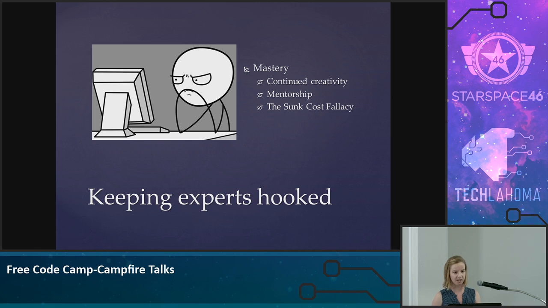And then the sunk cost fallacy, that's kind of a devious way to motivate people, but it can be effective. The sunk cost fallacy applies, like if you're in a job for a very long time, you've invested a long time, you've put in a lot of effort, you put in all these years, and you see a job that you want on the horizon, and you're holding out for that possibility for that job.